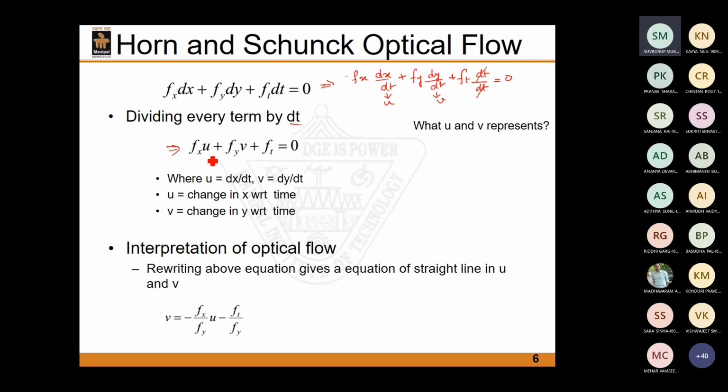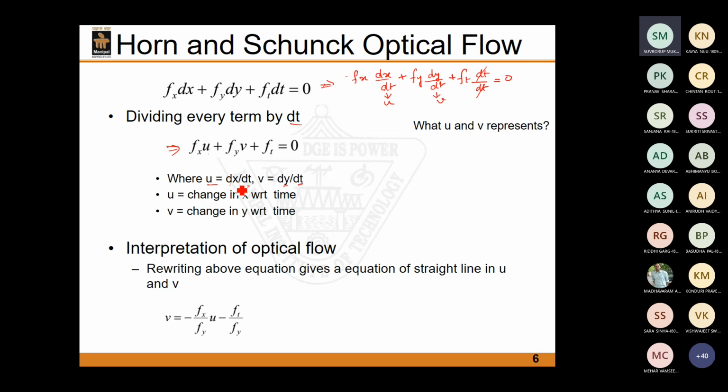Here u is the change in x with respect to dt, and v is the change in y with respect to dt. dt is nothing but the change along the temporal axis when you go to the next frame.